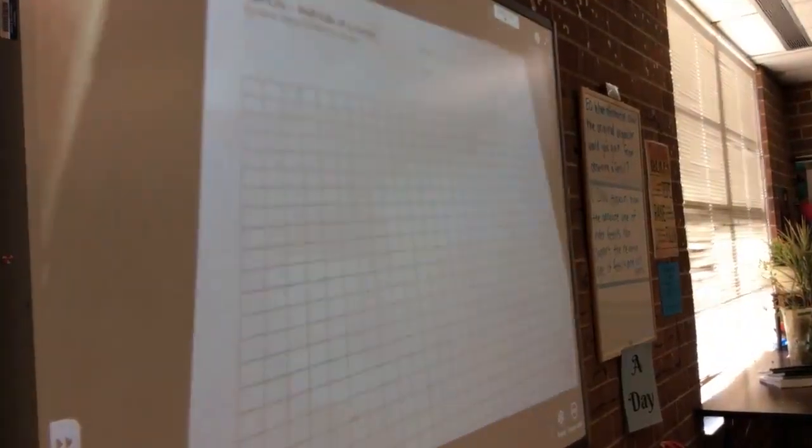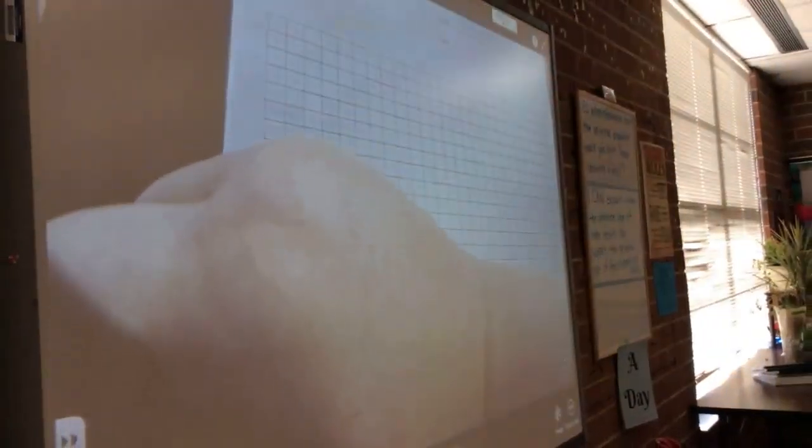On your graph, I want you on the left axis to write Twizzler height.